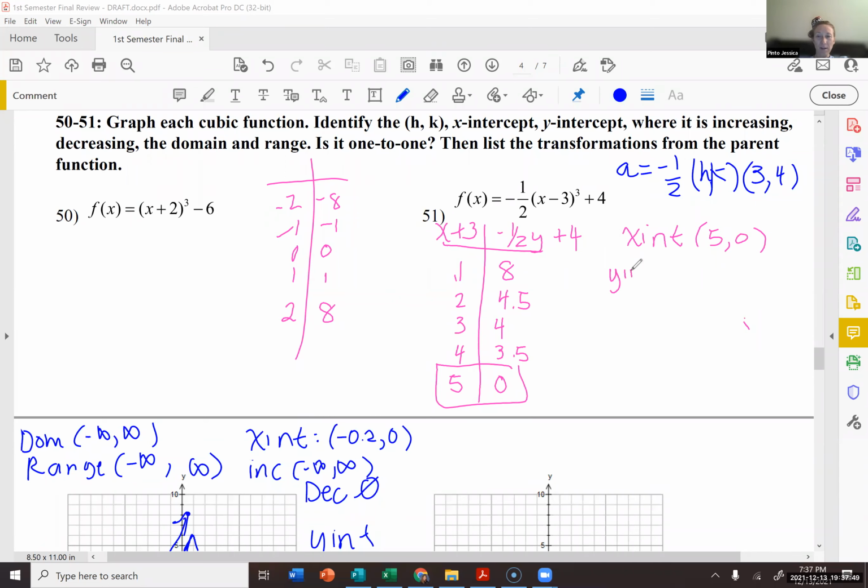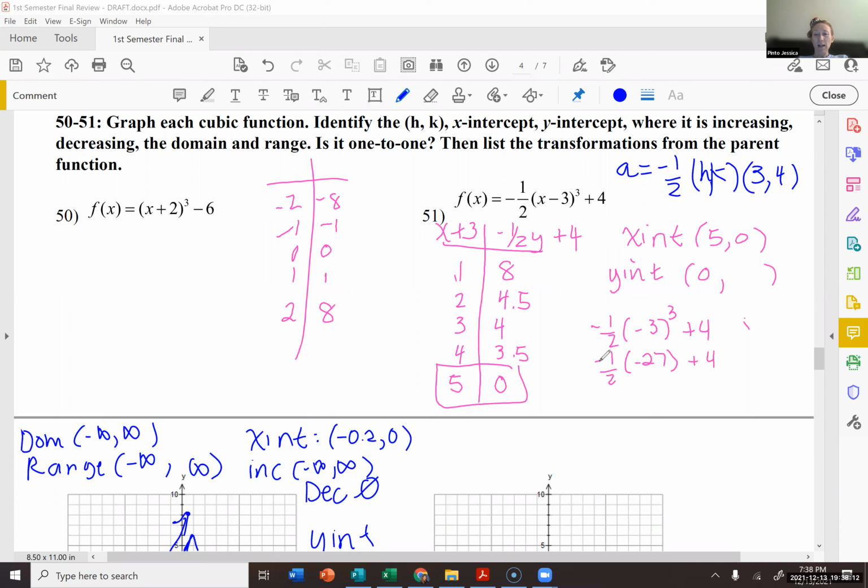Let me find the y-intercept right now since I have this lovely space. Plugging in 0 for x, I get -1/2 times -3 to the 3rd power plus 4. So -3 to the 3rd power is -27.